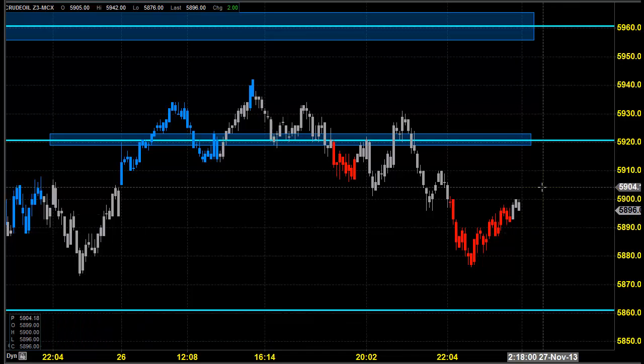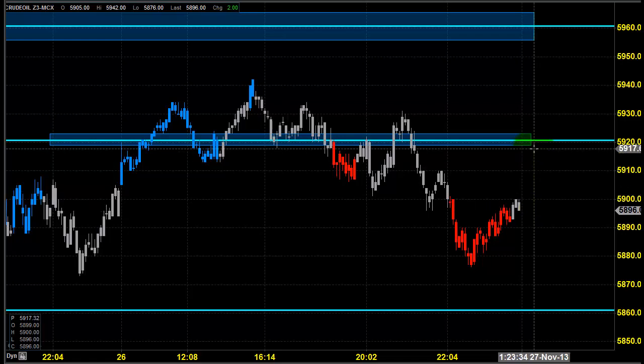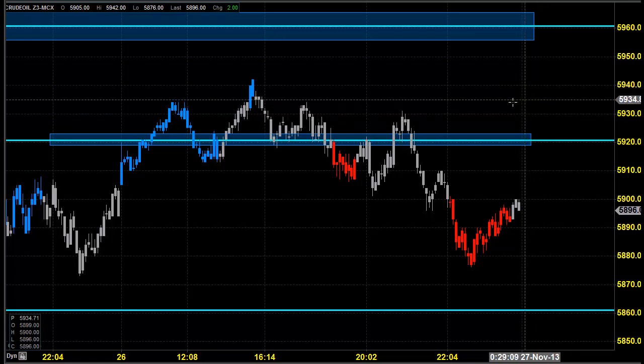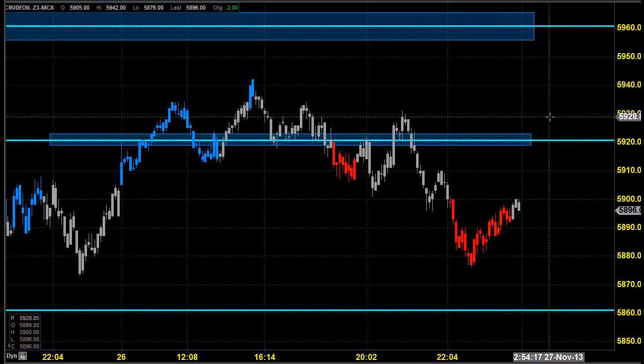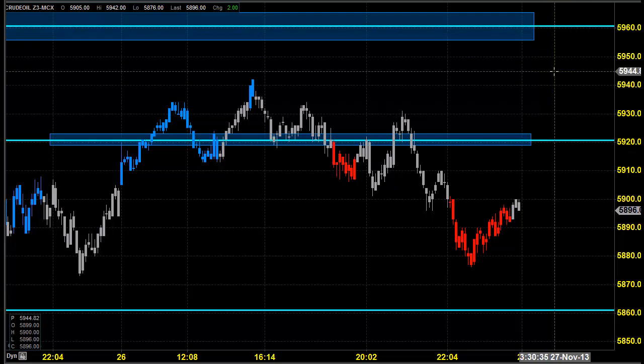Let us take the other scenario. If the price today closes above 5920, then it can possibly reverse the trend, because that will encourage a lot of buyers to take buying calls, and it will put the price to test 5960.